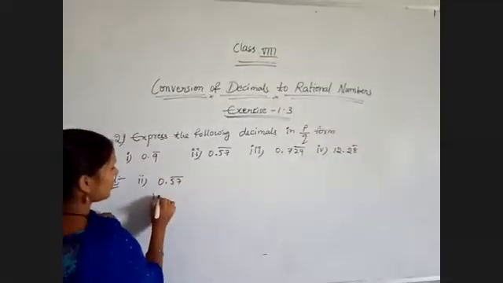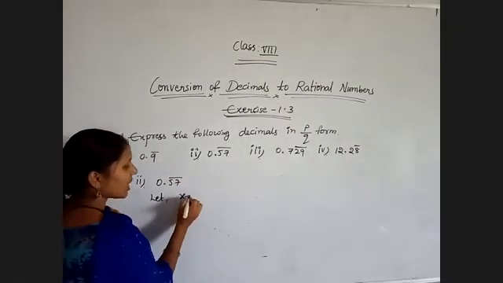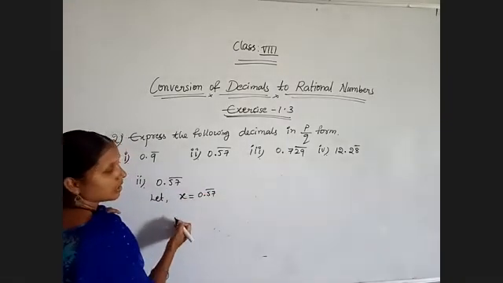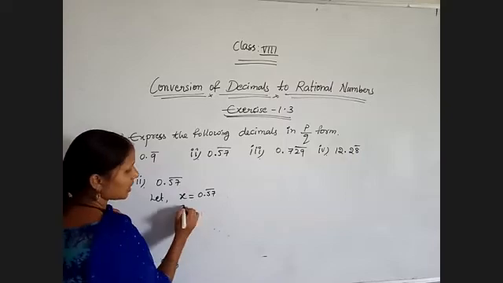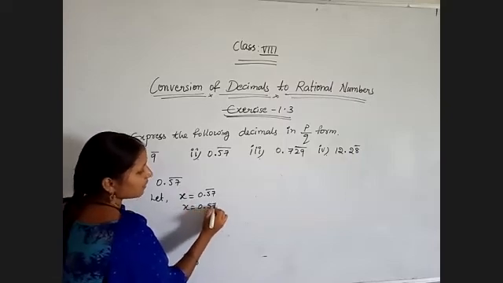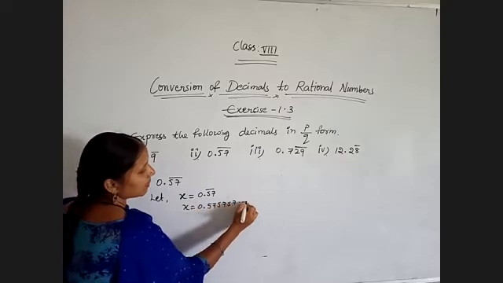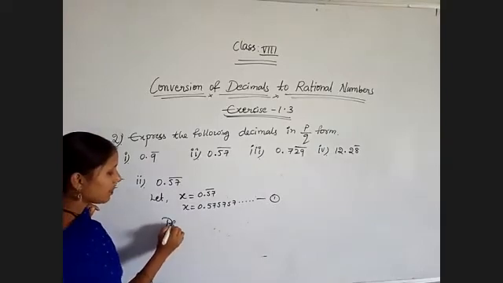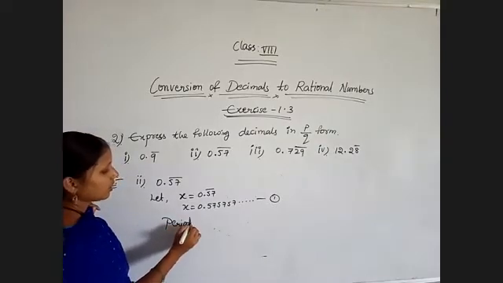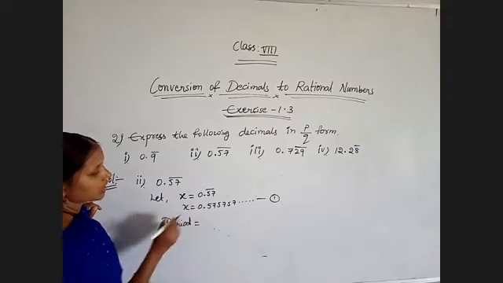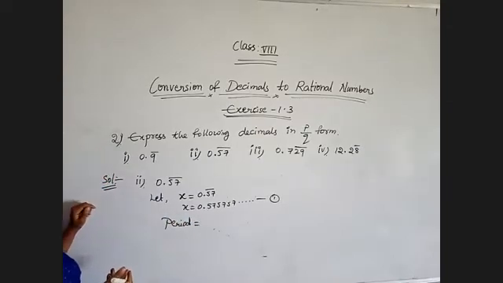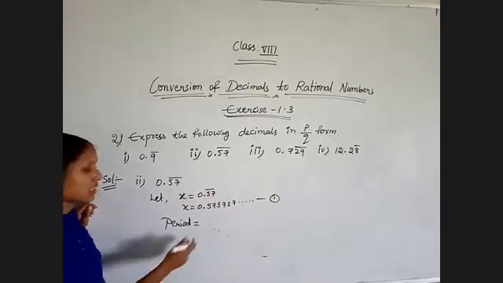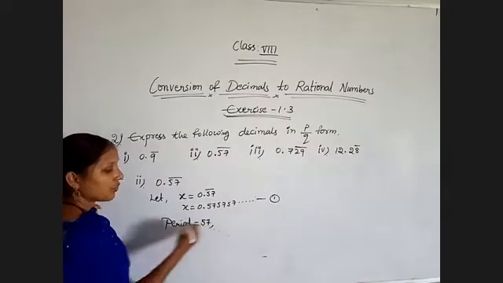Let x be any variable; I am taking x. x is equal to 0.57 bar, that is 57, 57, 57. Both 5 and 7 are repeated. That is equation 1. So what do we need to do first? What is the period of the given number? The period is the number which is repeated continuously. Here 57 is repeated continuously. So the period of the number is 57.